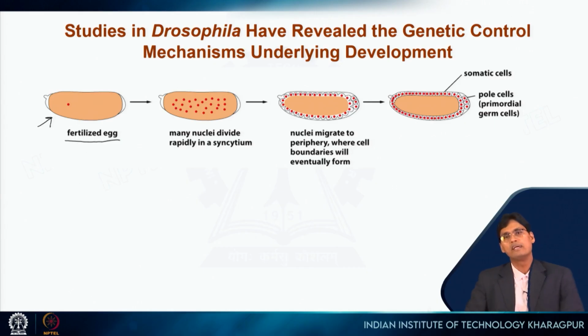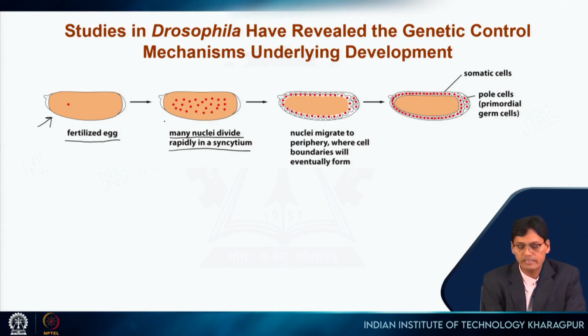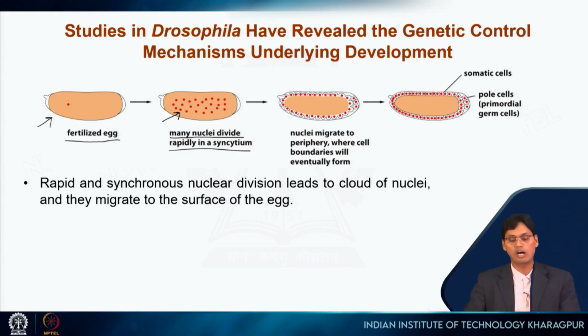Now the beauty here is, just after fertilization this cell will first not divide. Actually the nucleus will divide very rapidly and we will get a cloud of nuclei. As you can see, there are many nuclei inside this zygote. It's already a fertilized egg, so you will get a cloud of nuclei inside.